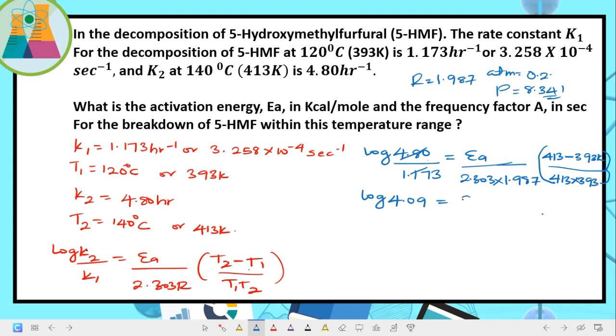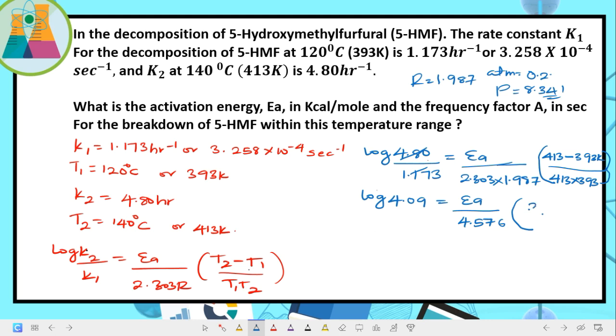4.09 is equal to EA all over, multiply this and this, it is going to give us 4.576. Then brackets, we have 413 minus 393 Kelvin. That will give us 20.